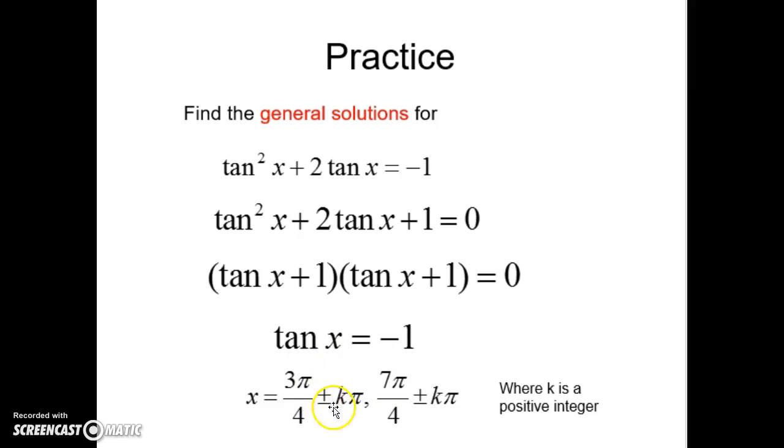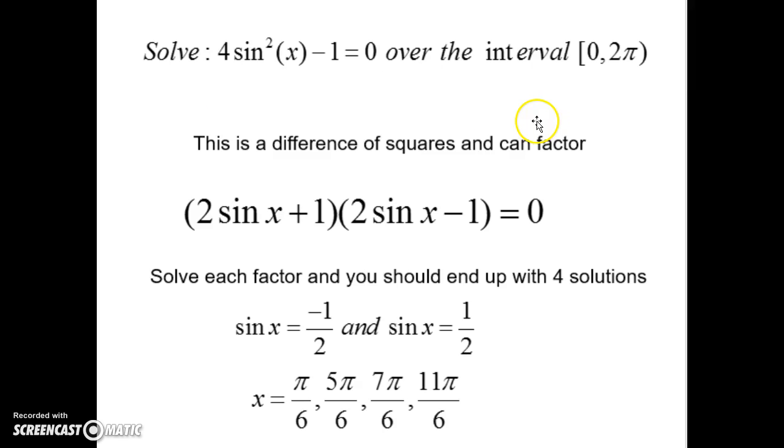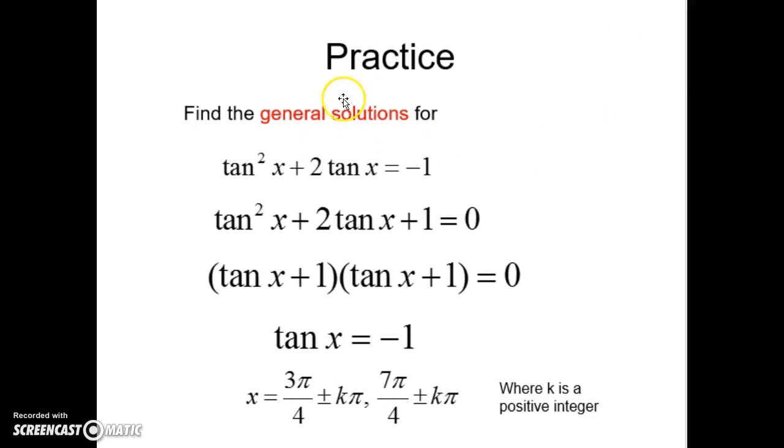Now let's talk about a general solution, when we are not told that we can stop with one revolution. I'll go back to the previous slide. Here it gave us an interval of 1 revolution around the unit circle. Here it does not. It talks about general solutions. Because we can keep going and going around that unit circle, we have a shortcut way of talking about all of the solutions that are iterations of this one angle measure on the unit circle.